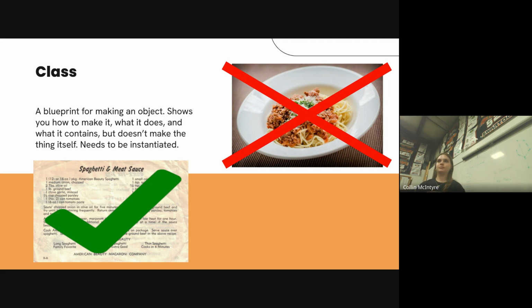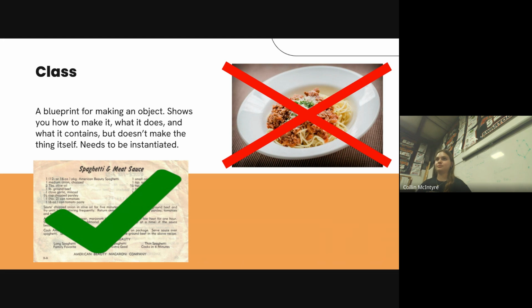So for a metaphor here, can anyone take a guess at why I put a recipe of spaghetti and a check mark and a spaghetti and a cross? Kirkpatrick. The class is like the recipe. Just because you have a beautiful recipe for spaghetti does not mean you have a plate of spaghetti in front of you. You must make the spaghetti.